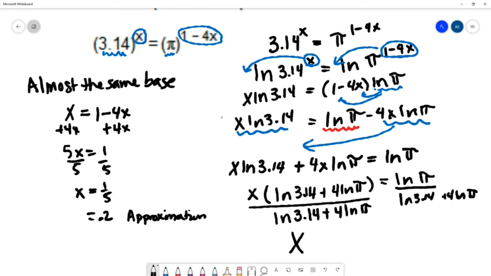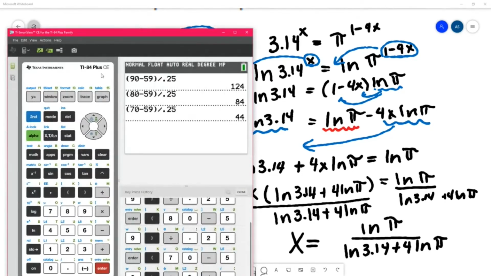So I've got my final answer, x equals natural log of pi over natural log of 3.14 plus 4 natural log of pi. I'm going to type this in my calculator, and we should get something really close to 0.2 because we said earlier that that was an approximation of our answer.